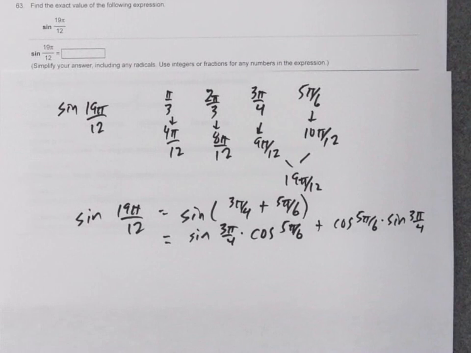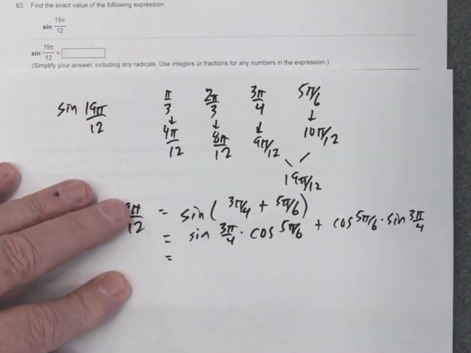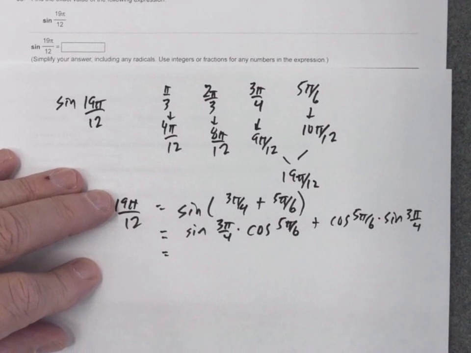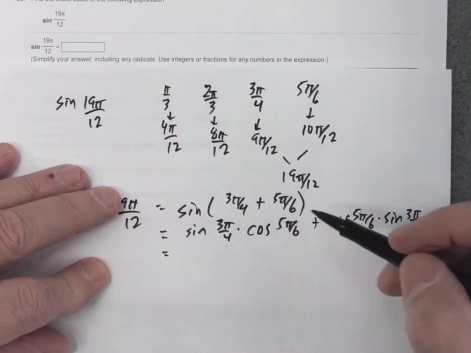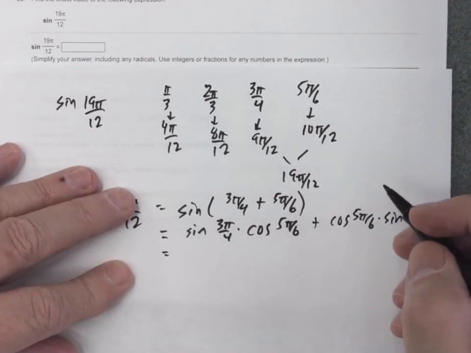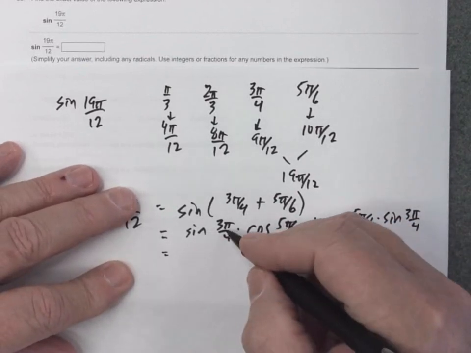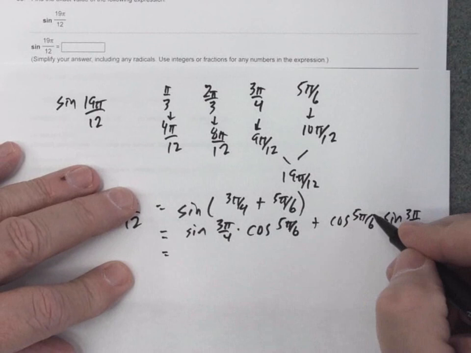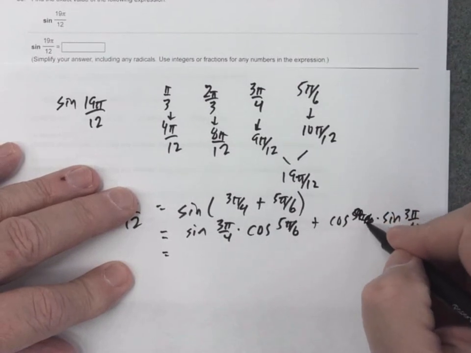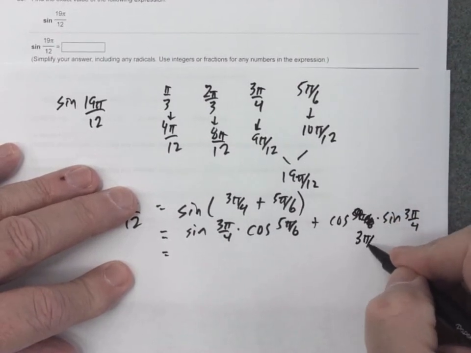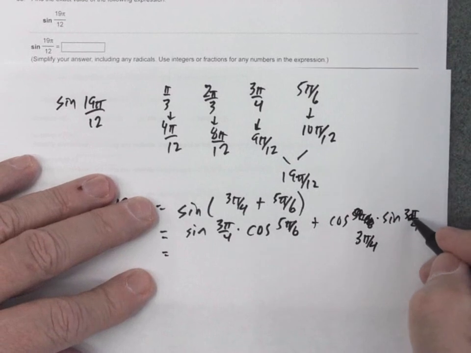These are all special angles. I think I messed up here. Sine 3 pi over 4 cosine 5 pi over 6 should be cosine. Wow, I wrote the same thing twice.